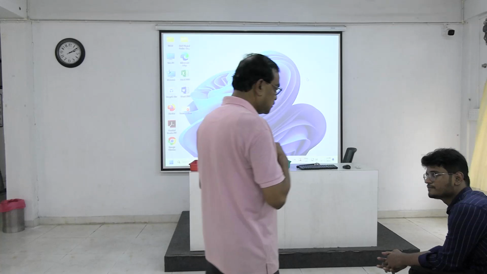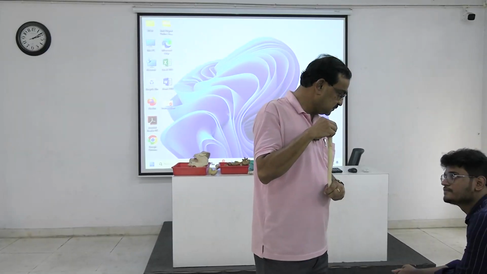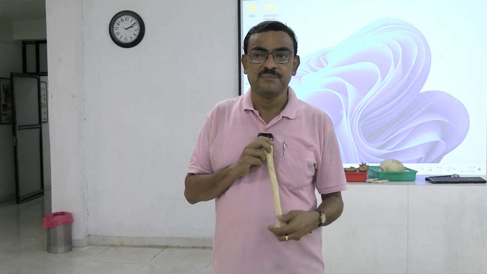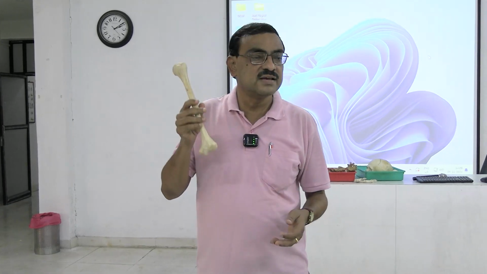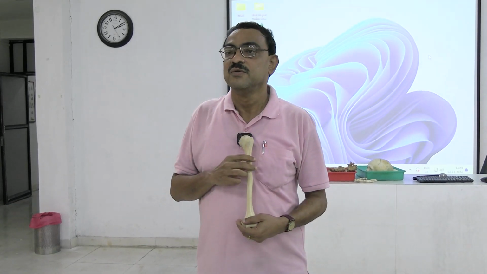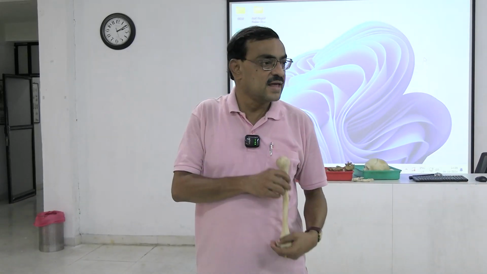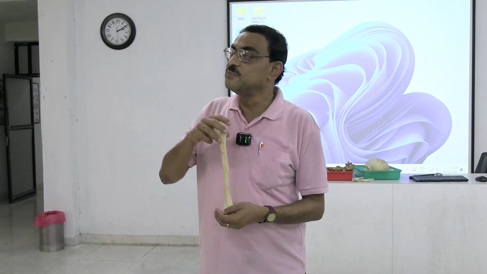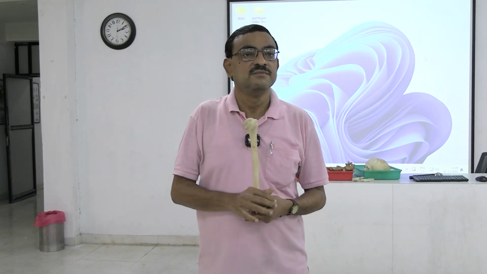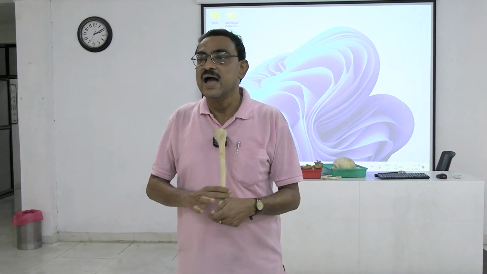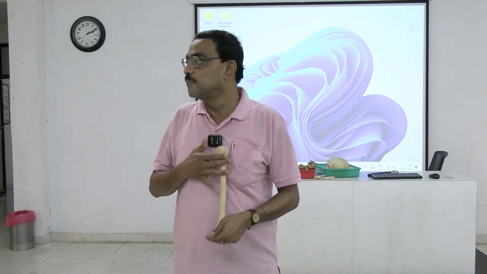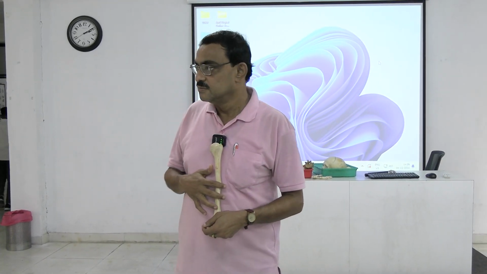In a typical long bone, this is the most important feature. Whenever we describe a bone, first we have to put it in anatomical position, then we say this is a humerus, it has an upper end, a lower end, and an intervening shaft or body.